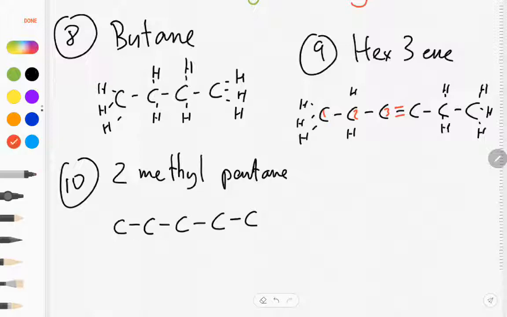So for my 2nd carbon, I can go from either side. It doesn't matter. In this case, just for fun, I'm going to number them from right to left because I can. So my attachment, my methyl group, this one right here, is going to be on the 2nd carbon. So there it is. That's it. So now I just need to do my hydrogens and I'm done.